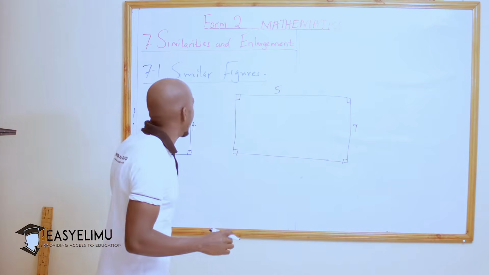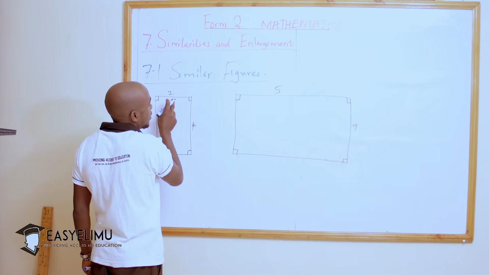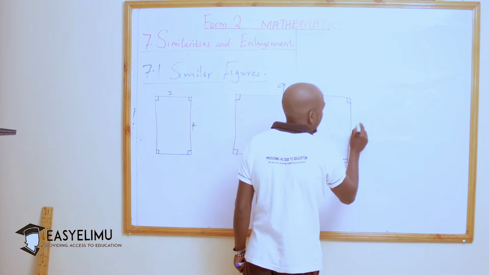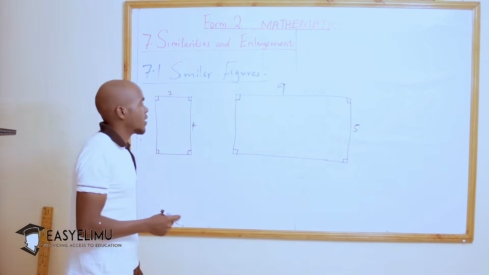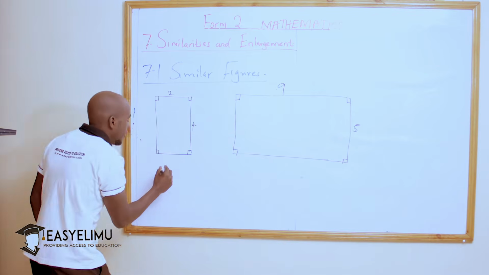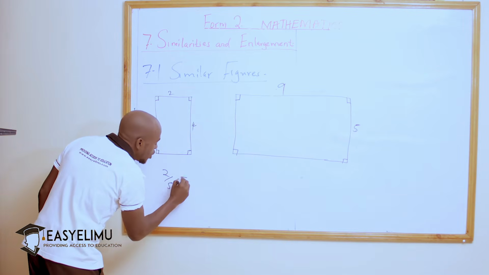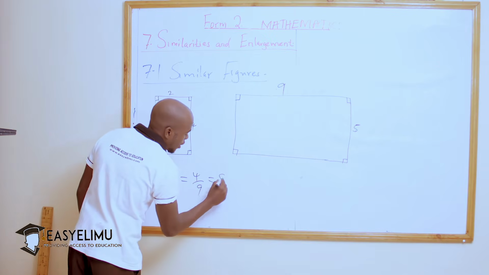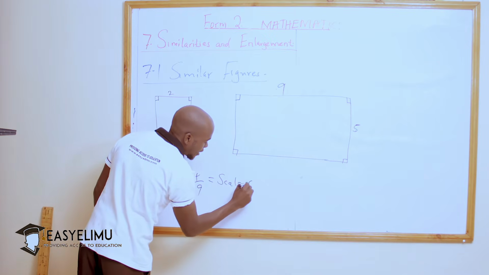If we take this side here, actually this should be 9, and this one should be 5, to make that a reality. In that case, if you take 2 over 5, we should get 4 over 9, and that is what we refer to as the scale factor.